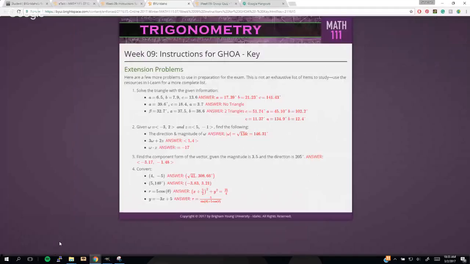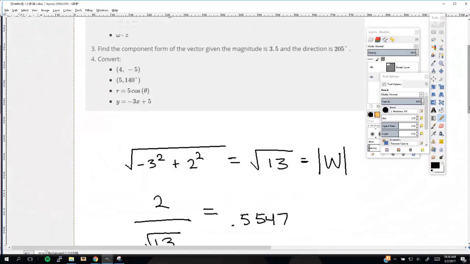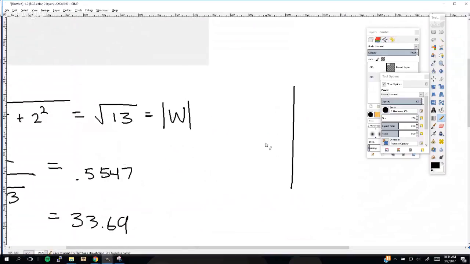And I'm pretty sure in his example, he has us do 180 minus this number because of where -3 and 2 lie on the unit circle.